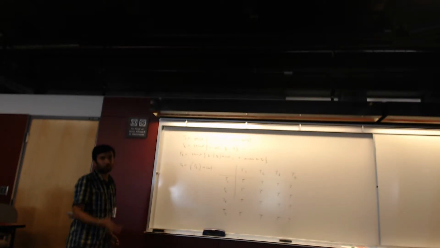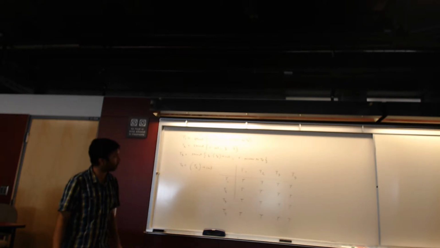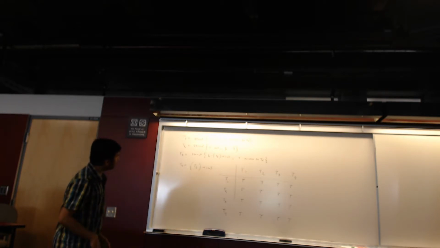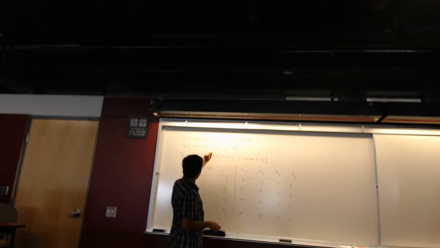T1 and T2 are both struct, so we have to apply the type checking rules for structural equivalence for struct. Structural equivalence for struct means that these two have to be structurally equivalent. Right? So T4 has to be int.